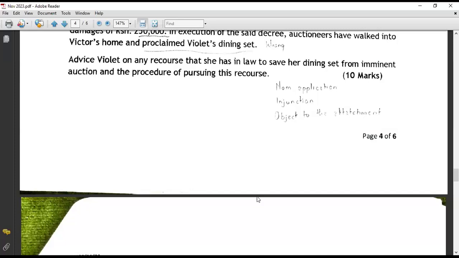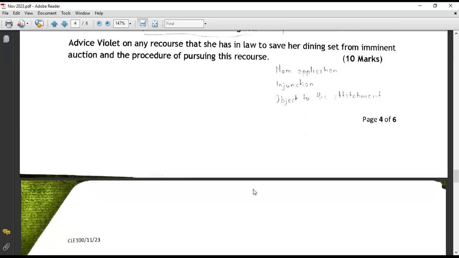So the question was requiring the candidate or the student to talk about objection proceedings to execution by a non-party following a proclamation in execution of a civil judgment. Yeah, so that is the recourse in law.